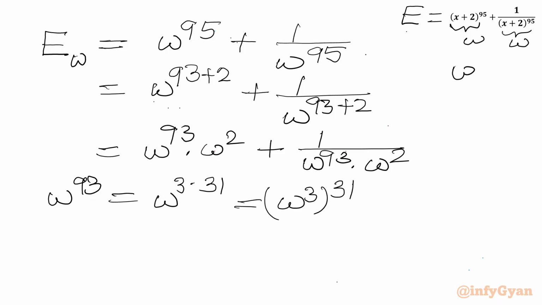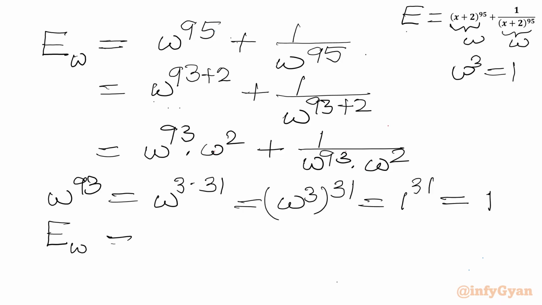Now omega cube is 1. So I can write 1^31, which will be equal to 1. So in place of omega^93, we can write 1.